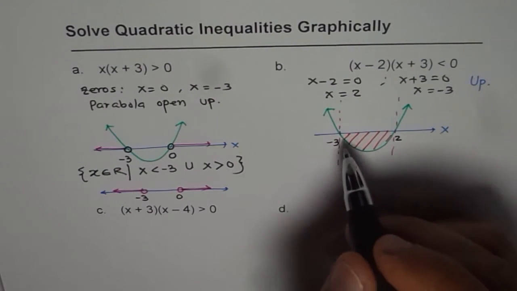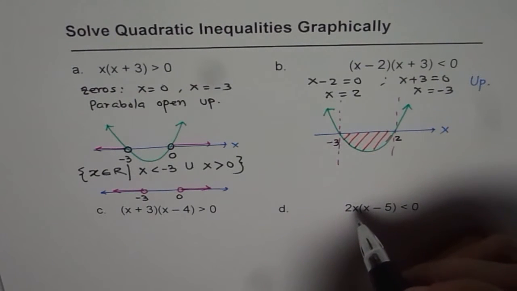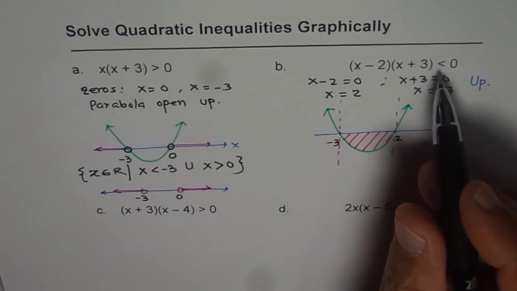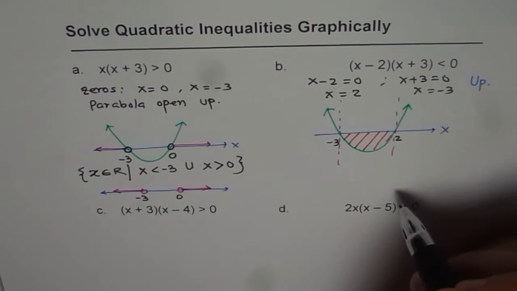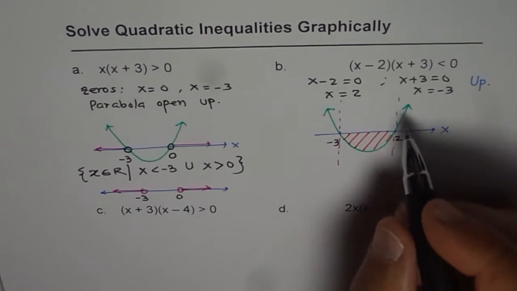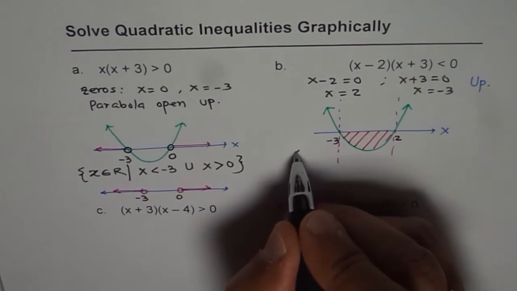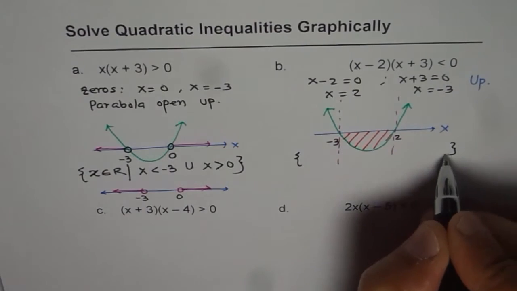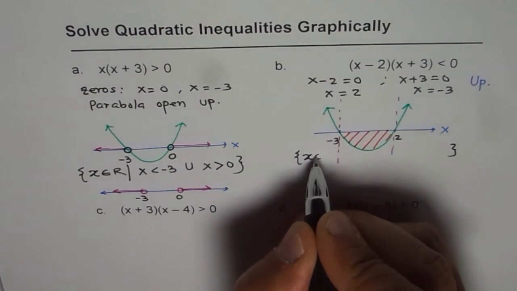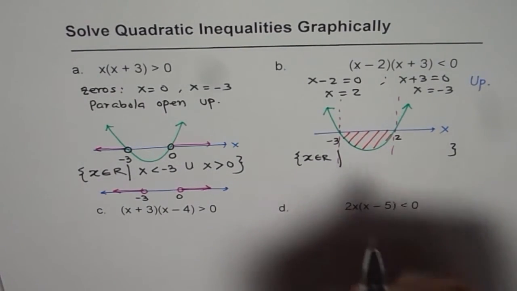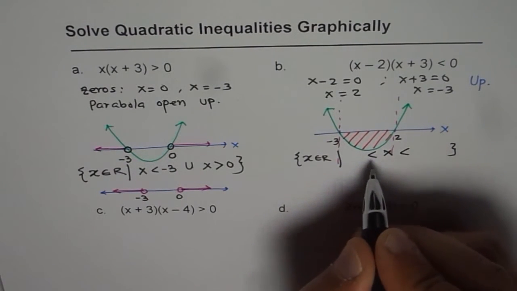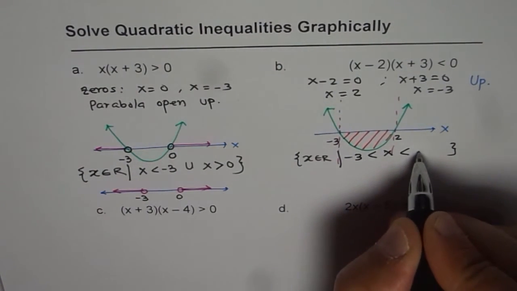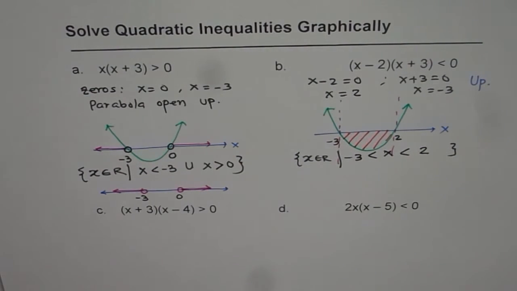Now we know this part of our graph is the solution to the inequality. Let's write down the solution. One is the set builder form: x belongs to the real numbers, and the condition is that x is greater than minus 3 and less than 2.